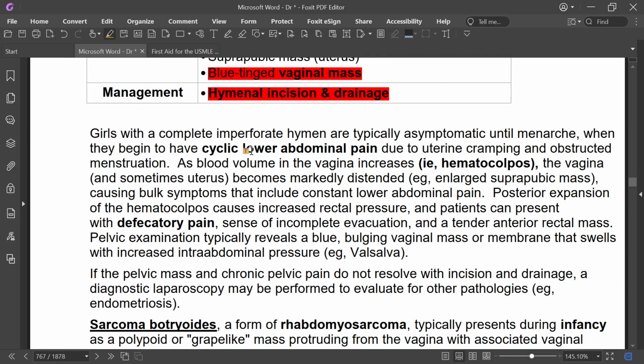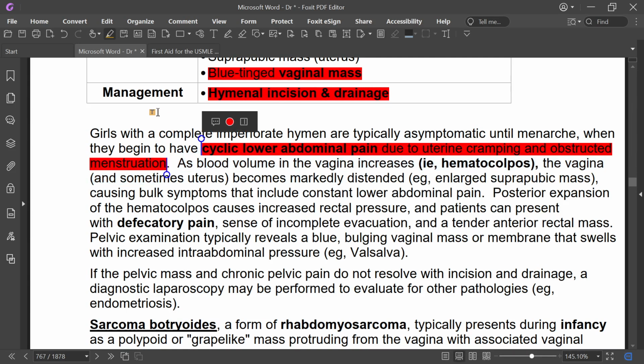Girls with an imperforate hymen are typically asymptomatic until menarche, when they begin to have cyclical lower abdominal pain due to uterine cramping and obstructed menstruation. As blood volume in the vagina increases, hematocolpos, the vagina and sometimes uterus become markedly distended, with an enlarged suprapubic mass causing bulk symptoms that include constant lower abdominal pain.